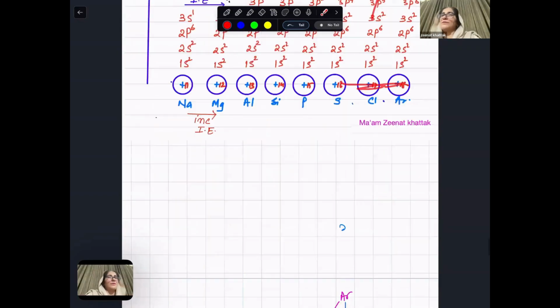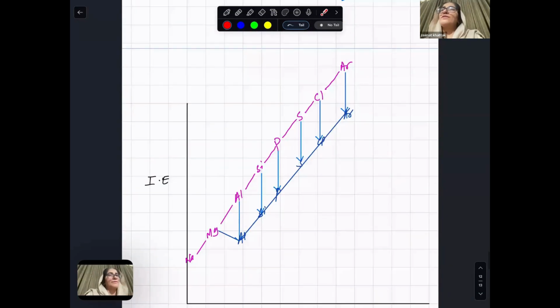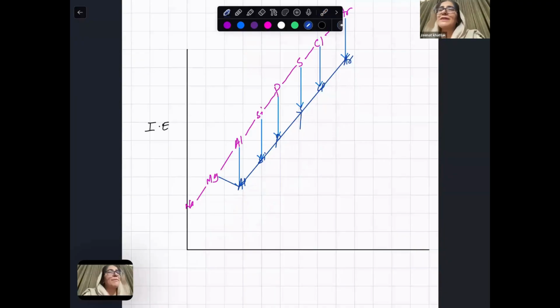You know what happens? In sulfur, it's paired, it's a bit smaller. You know how much? I know the values. It is 1,000, and it is 1,060, and this is 1,000. So lowered by how much amount? Just 60.